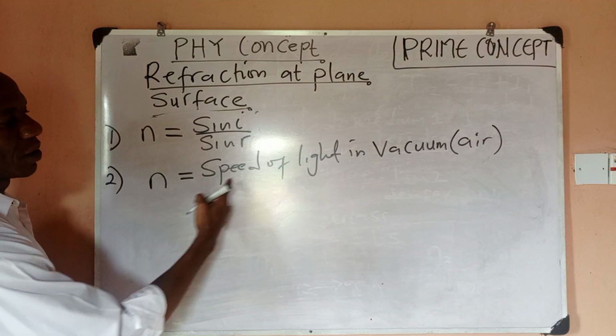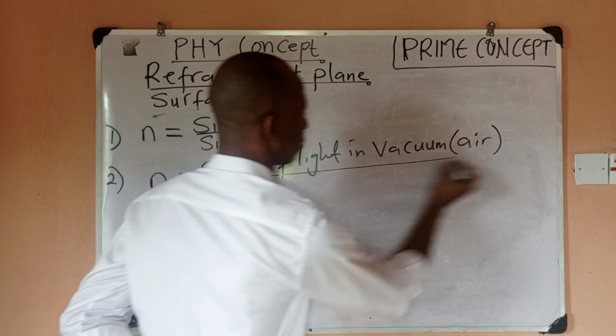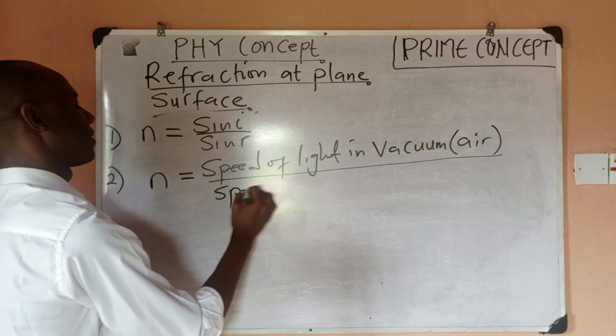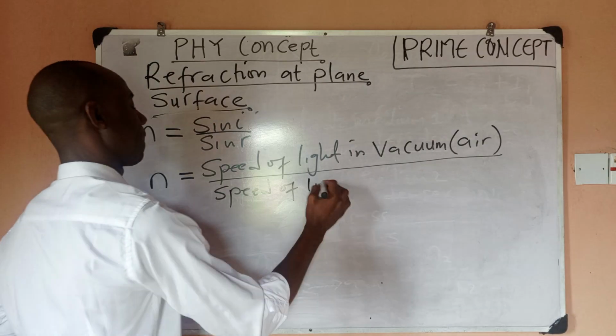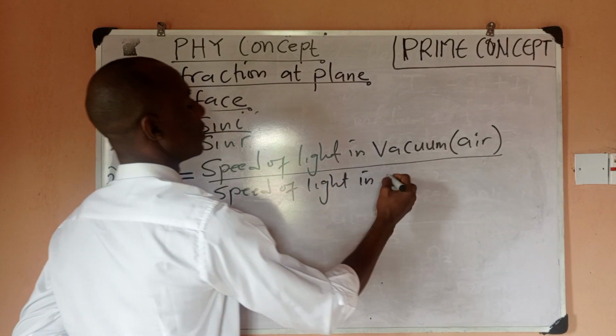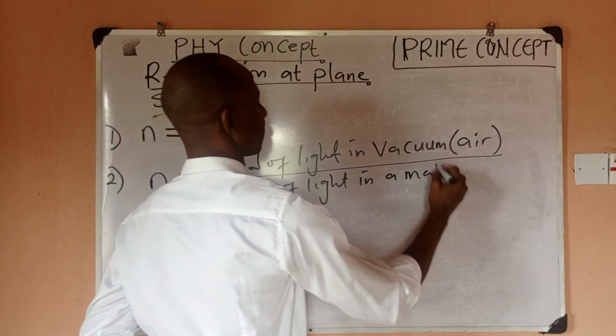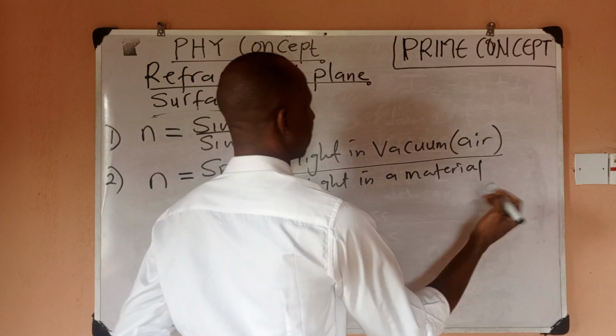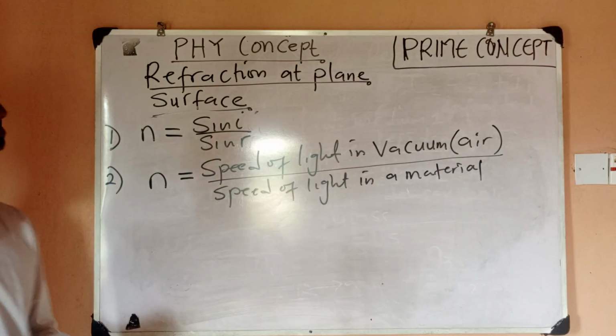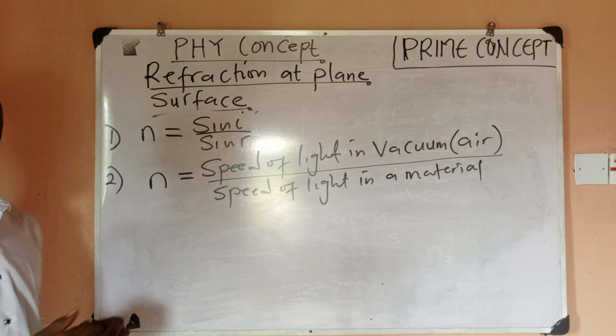to the speed of light in a material or in a medium. So this is another way we can find refractive index.